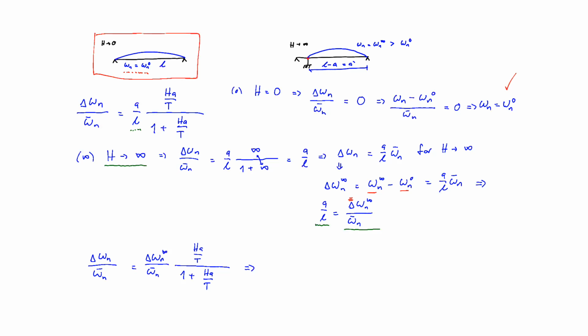We can divide by the infinite increment and get the final, very compact expression, where on the left-hand side we have the increment in frequency divided by its largest increment, that's the infinite increment, and that's given by the expression on the right-hand side, where the damper is introduced by this H function, but in non-dimensional form when multiplied by A and divided by T.